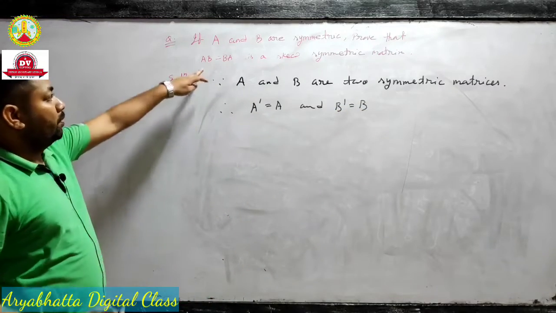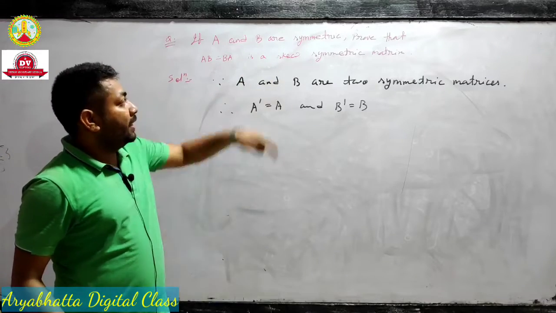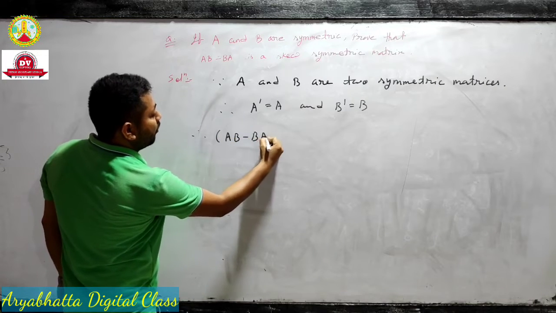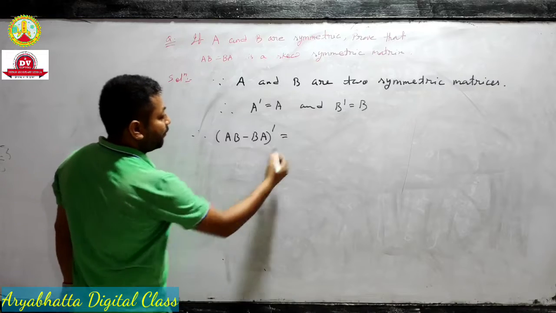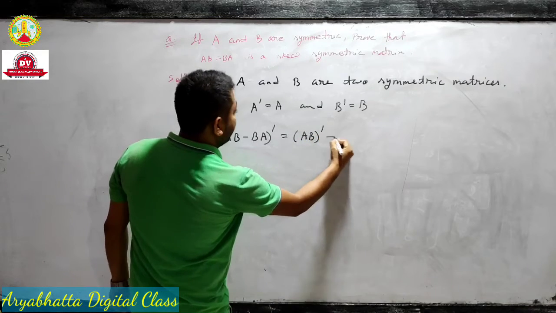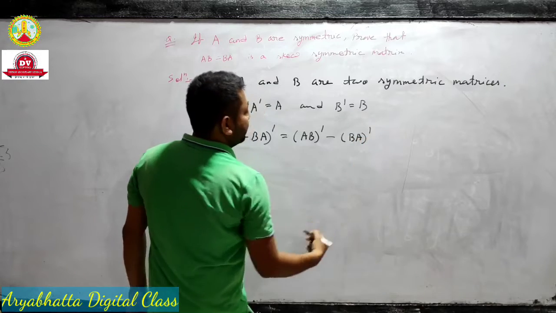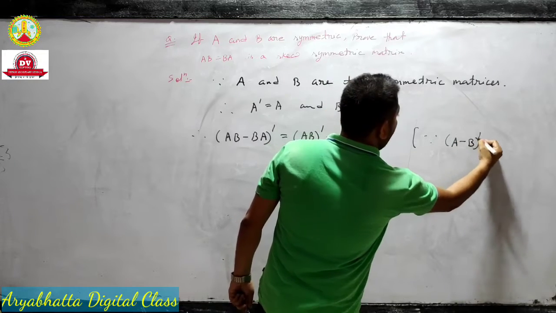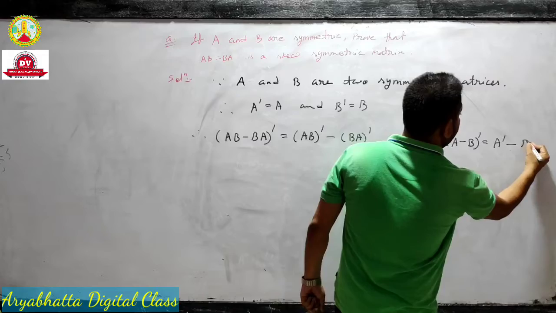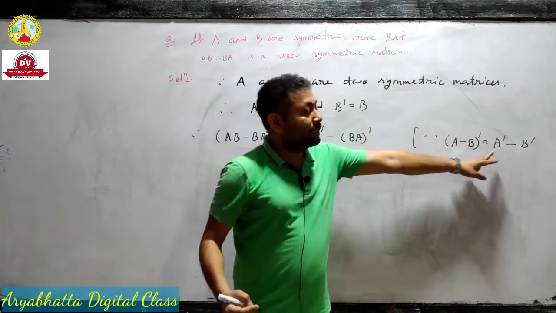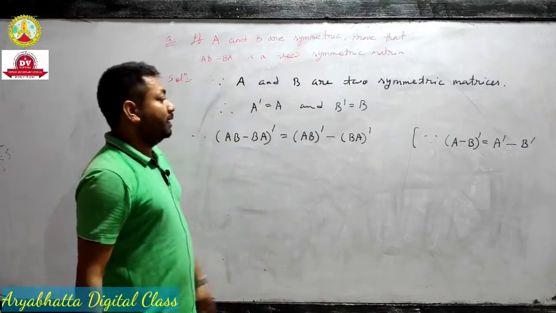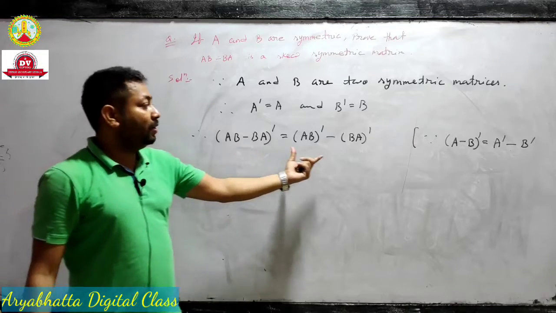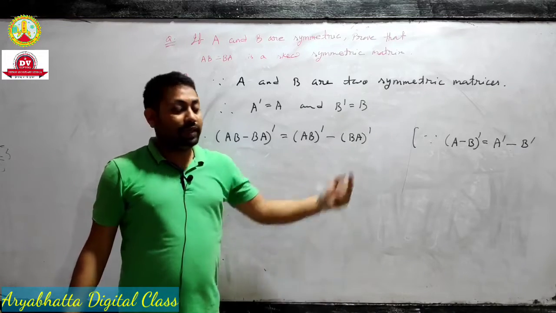Now we prove that AB minus BA is a skew symmetric matrix. Therefore, AB minus BA whole dash equal to AB whole dash minus BA whole dash, since we know that A minus B whole dash equal to A dash minus B dash. That means transpose of AB minus BA equal to transpose of AB minus transpose of BA.